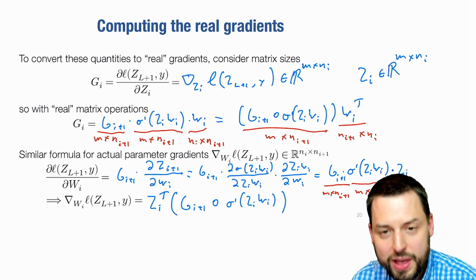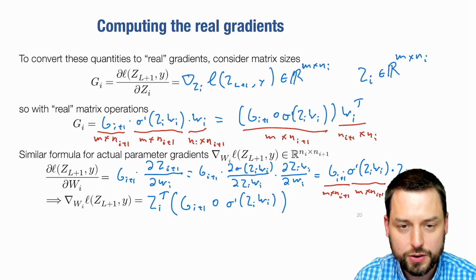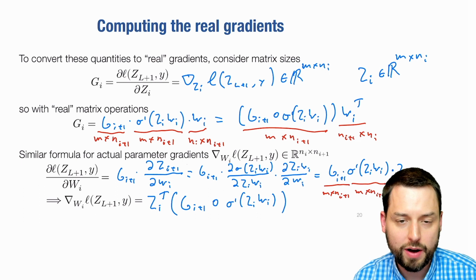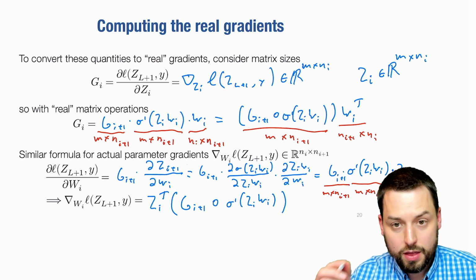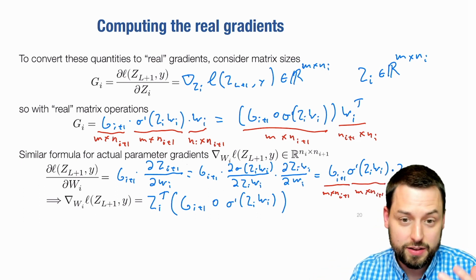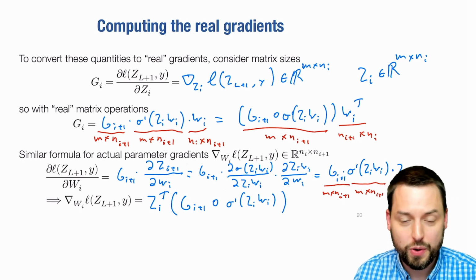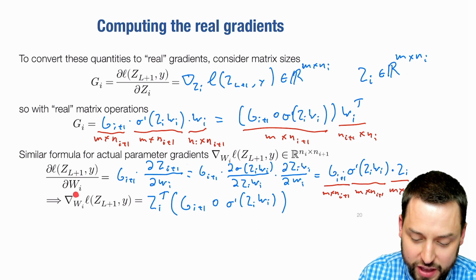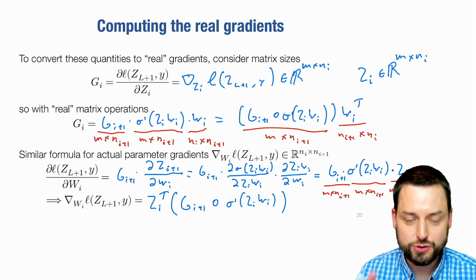Okay, so now we have done everything you need to compute all your gradients for an arbitrary L-layer network. I've told you how to compute not just the theoretical gradients, but the actual gradients, with the actual sizes of these different matrices, for all the actual parameters in actual matrix arithmetic.